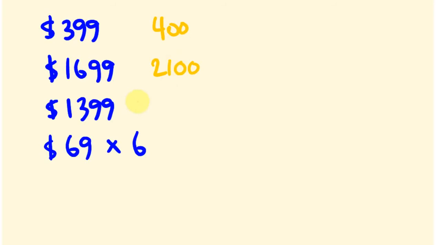This is 14, so we're going to be looking at 3,500. And then this is roughly 70. 6 sevens are 42, so roughly 400. I'm going to be adding that on, 3,900, roughly. And that's roughly what our price is there.